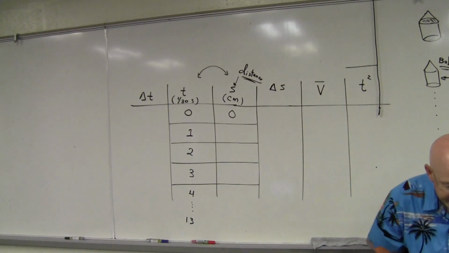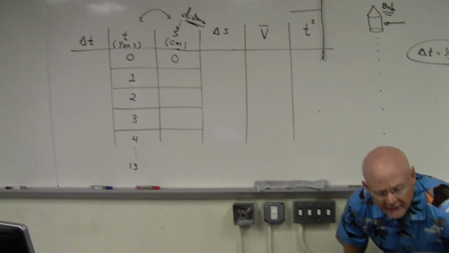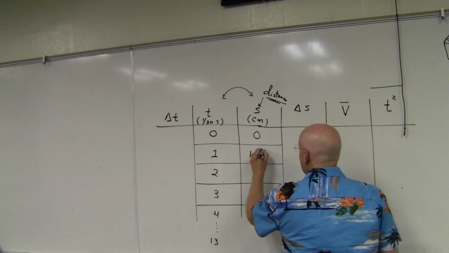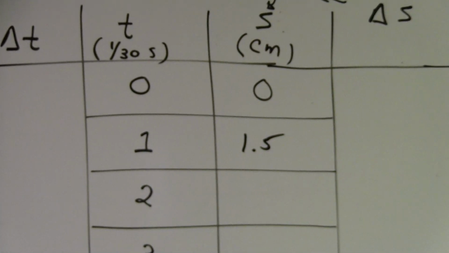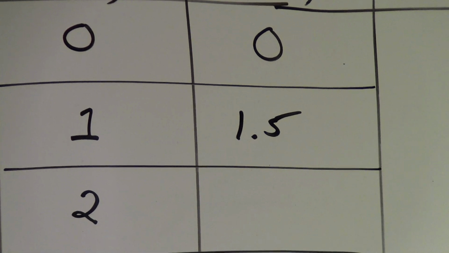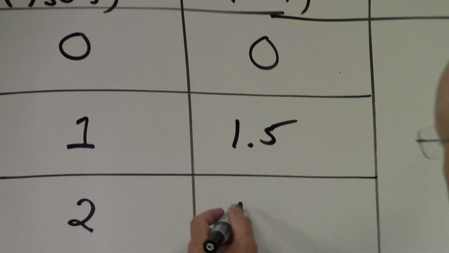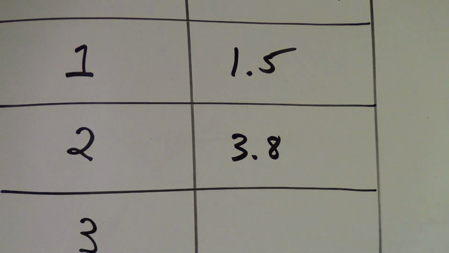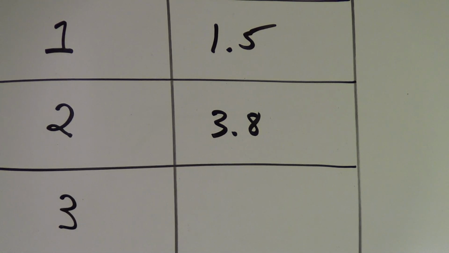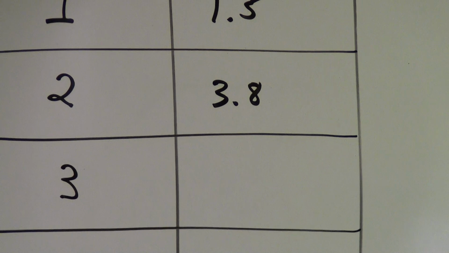The next one, it looks like I have about a 1.5 centimeter. So 1.5 centimeter. The next one looks like about a 3.8. So 3.8 centimeters. The next one after that is about a 7.2.